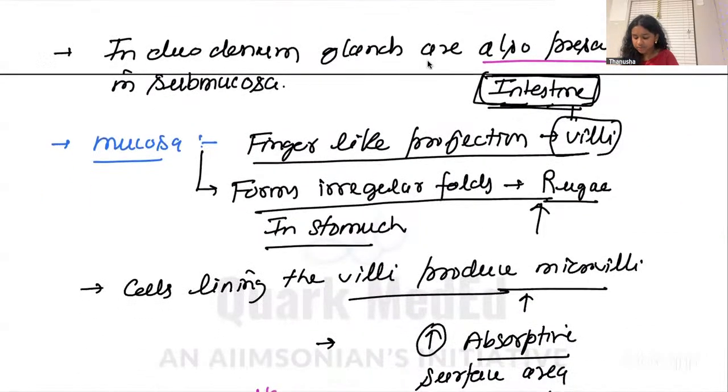It has finger-like projections called villi.